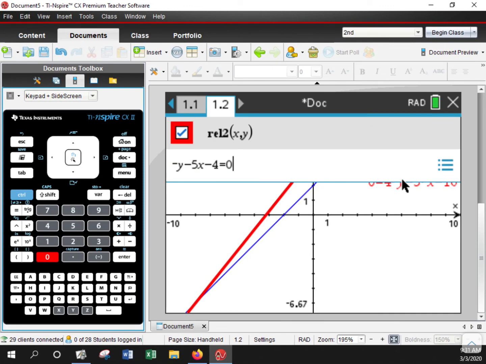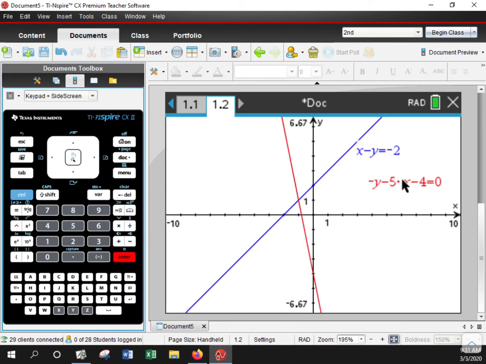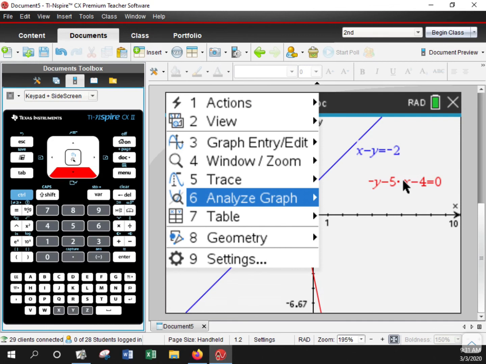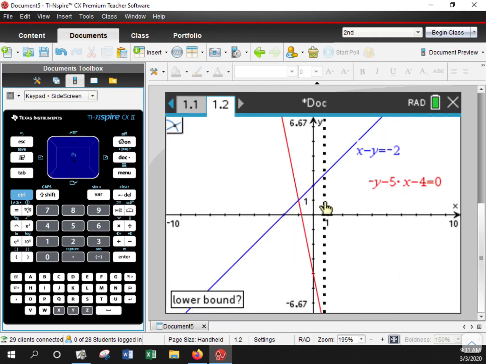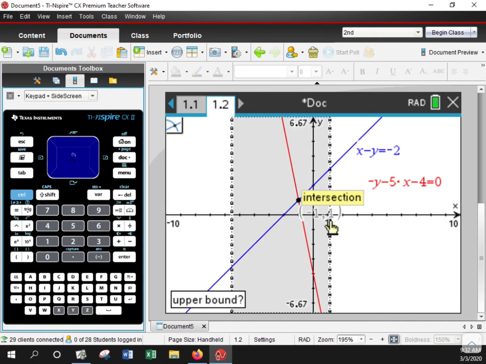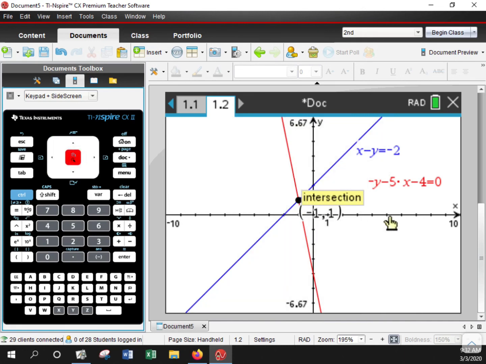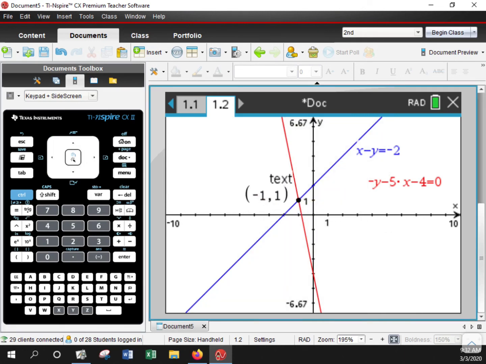Again, it doesn't matter how ugly our equation is, this calculator can graph it, which is why it's a great tool to use. Then I go Menu, Analyze Graph, because I want to find out where they intersect. Scroll to the left, click, scroll to the right, click, and we see our answer as negative 1, 1.